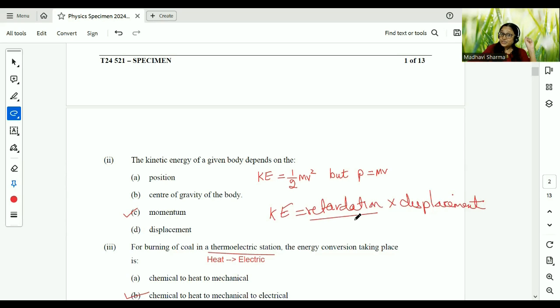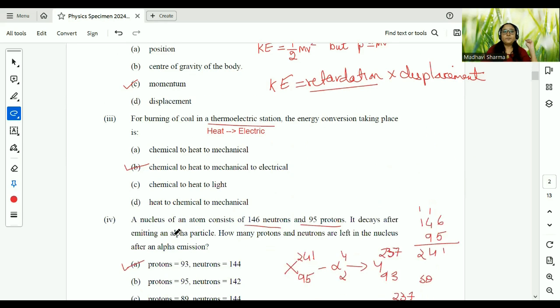But retardation is V minus U upon T, and there, of course, you can say momentum comes into the picture. So direct relation is with the momentum, but in your board exams, if momentum does not come, then go for displacement.